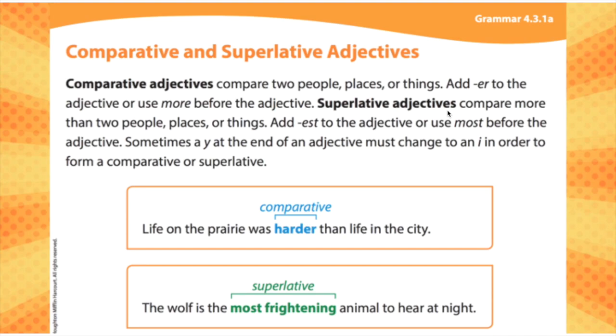We kind of have to assume sometimes that they're comparing more. If it's 1 or 2 syllables, you add EST to the end of the adjective. If it is more than 2 syllables, you add the word most, M-O-S-T, before that adjective. Sometimes you have that Y at the end of the adjective. Make sure you change that, drop the Y, add the I to form that comparative or superlative.